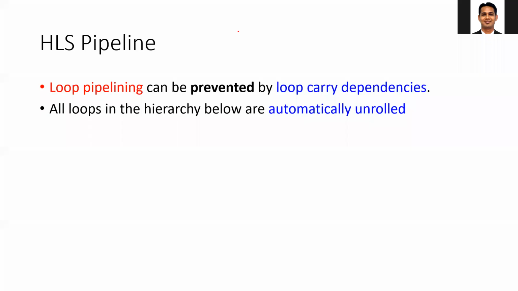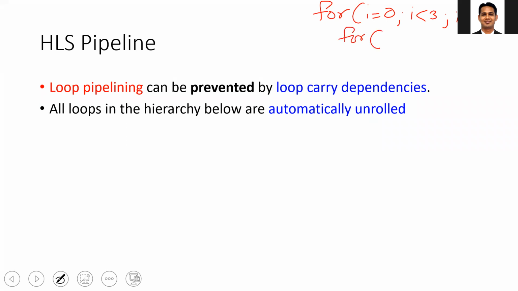Okay, so let's take one example where I have a for loop where i is equal to 0, i is less than 3, i plus plus, and I have another for loop inside. This is called a hierarchical for loop, where I have j is equal to 0, j is less than 1, and j plus plus.